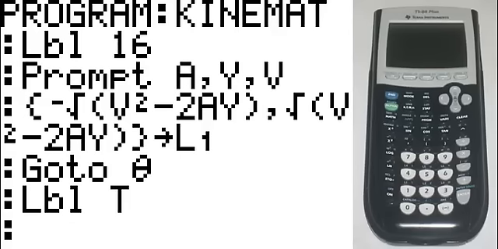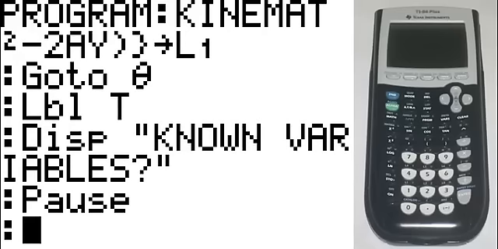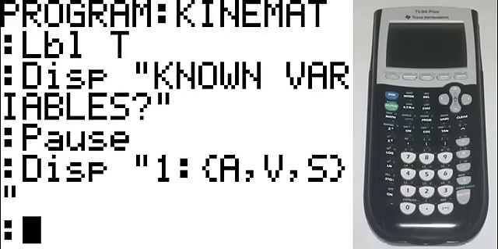Label T, which corresponds to time. Display known variables. In the next line, pause. Display in quotations "1: (a, v, s)".